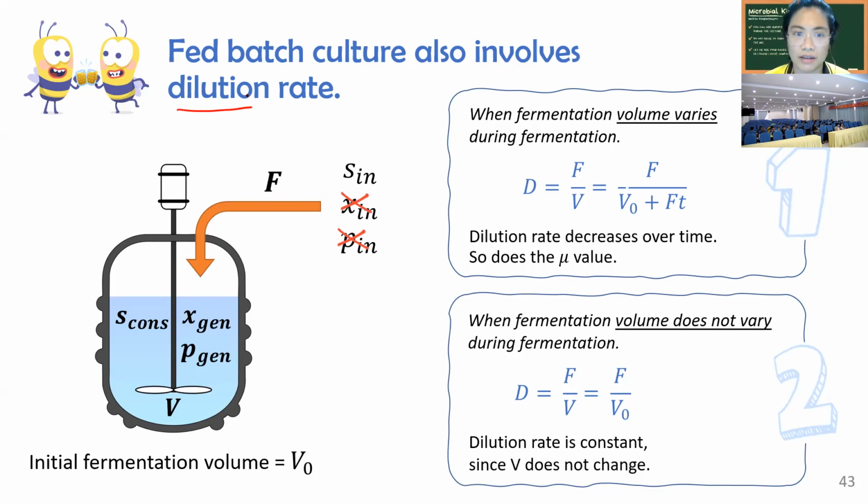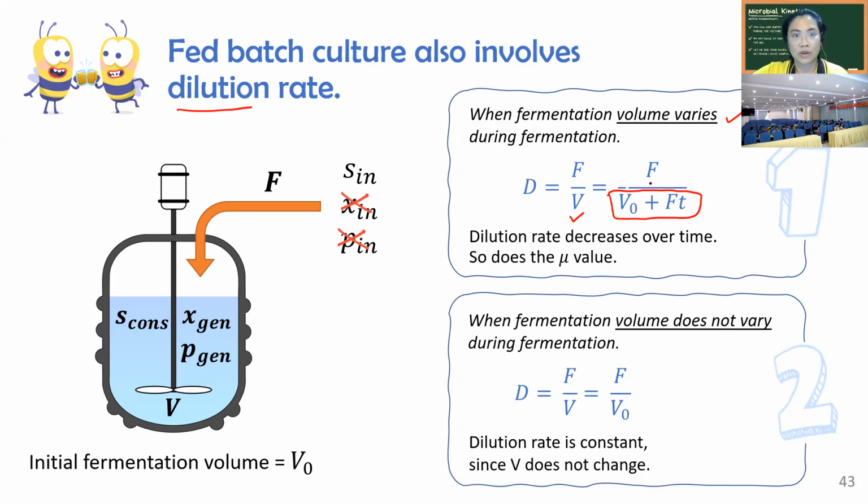So the dilution rate applies in the case where the volume of the fermenter varies. In the first three feeding strategies, the dilution rate, defined as F over V, the flow rate divided by volume, changes over time because the volume changes.